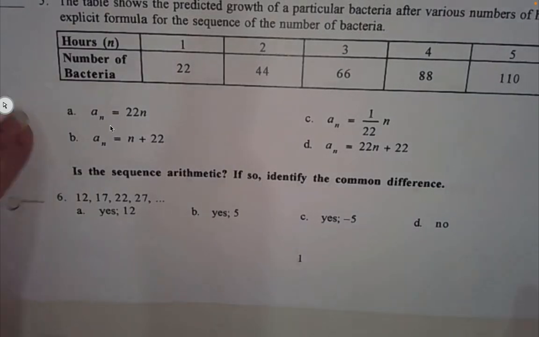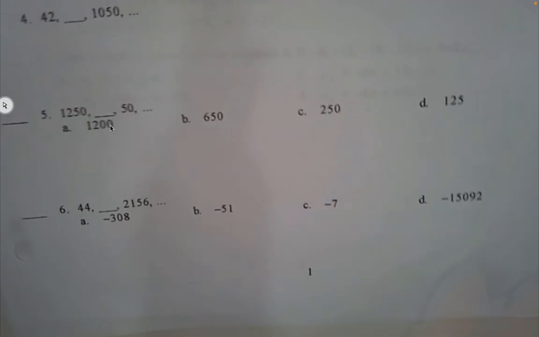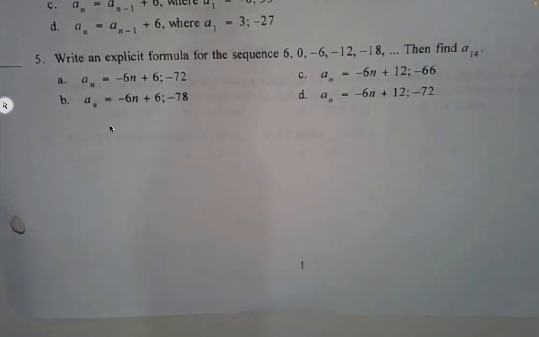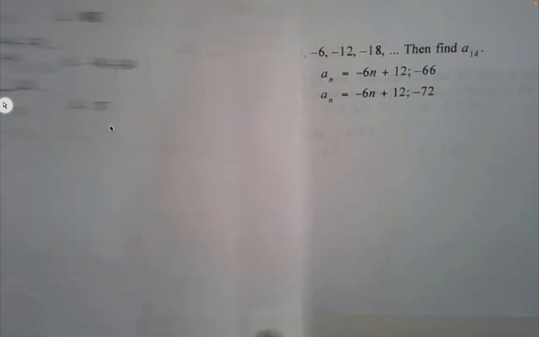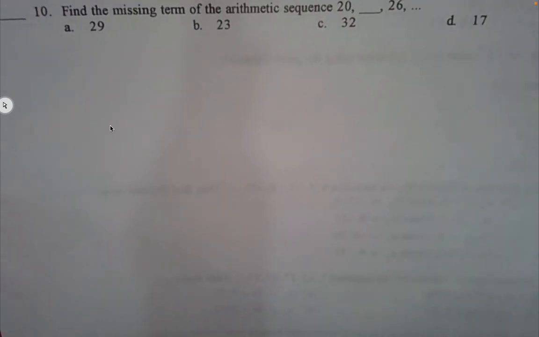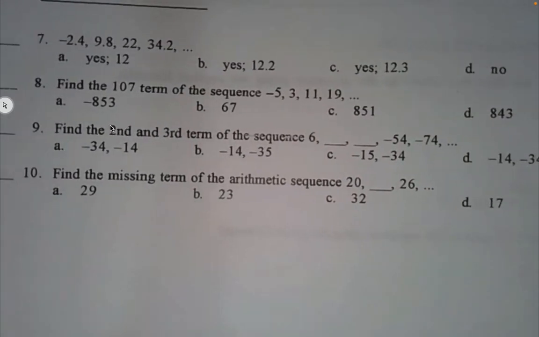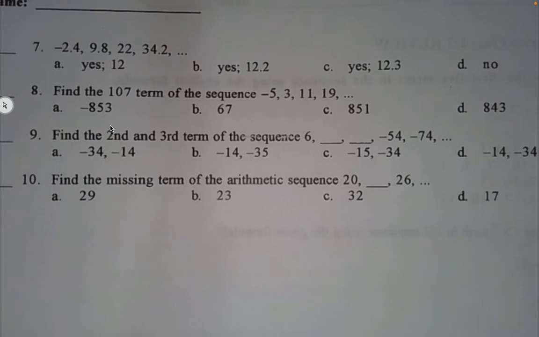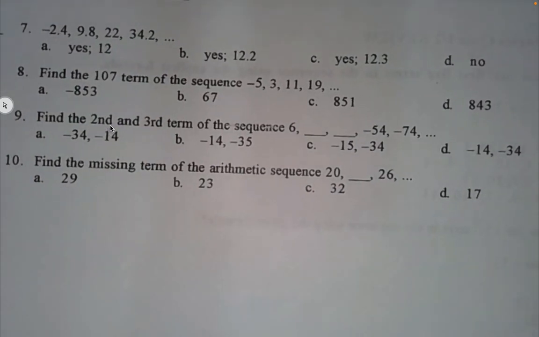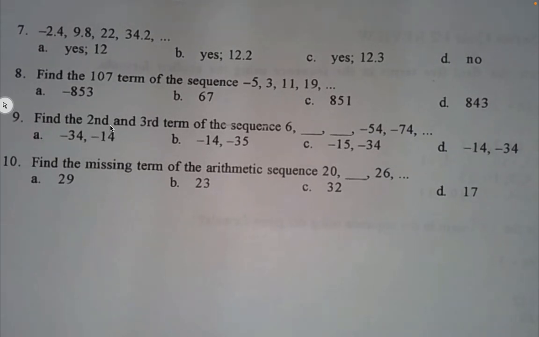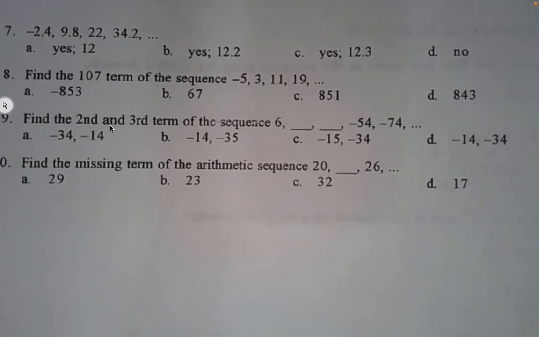All right, then we're at number 7. Okay, on this one, it's still asking the same question. Is it arithmetic? So look, it looks like there is no geometric stuff on here. I don't think there's any geometric on the quiz. That's fine though.